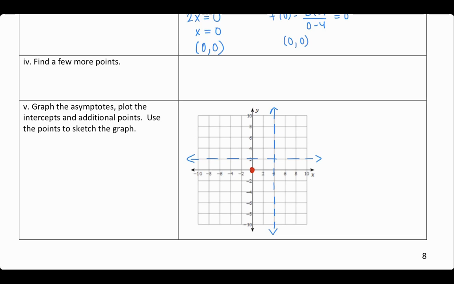So I've got a point at the origin. And then I'm saying we have a hole at the point (2, -2). So this is what we know about the graph so far. Any questions about what I put on there?